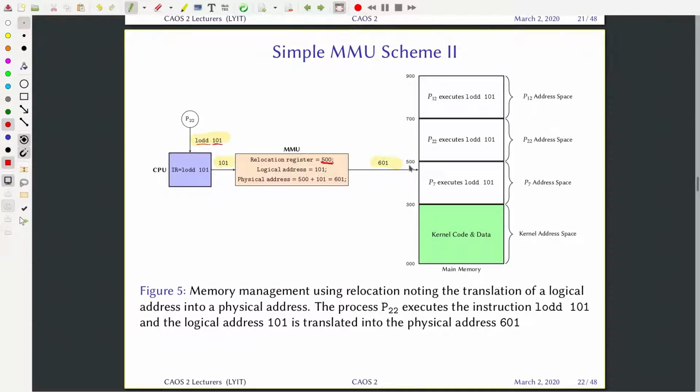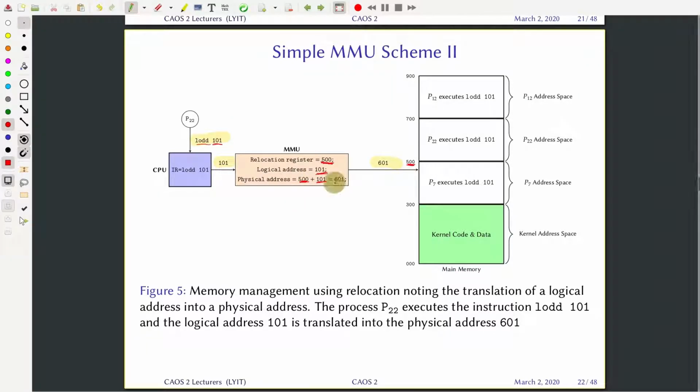So that 500 refers to the starting address of the address space that belongs to P22, and then to convert the logical address 101 into the correct physical address, it has to be added to the starting address of P22.